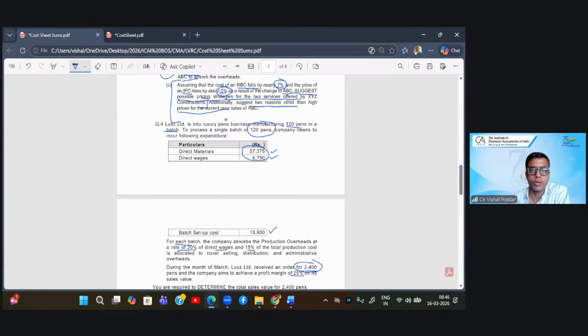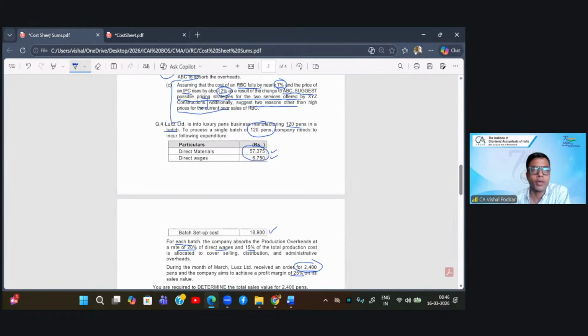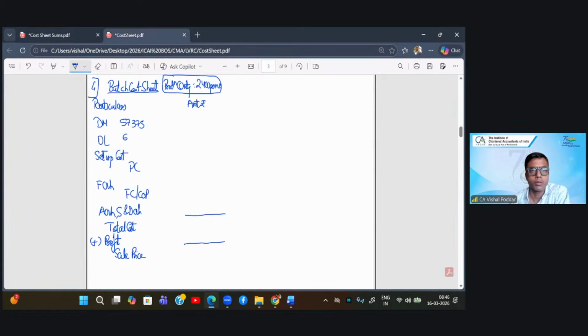So we'll take these original costs, 57375, then 6750 and 18900. All these are for one batch of 120 pens. Now we want it for 20 batches because our pens are 2400, so automatically it becomes 20 batches.